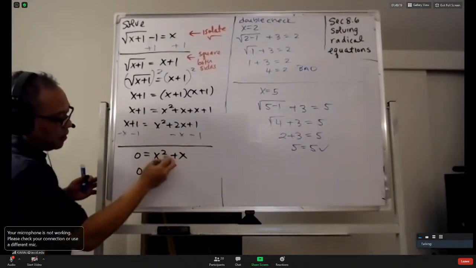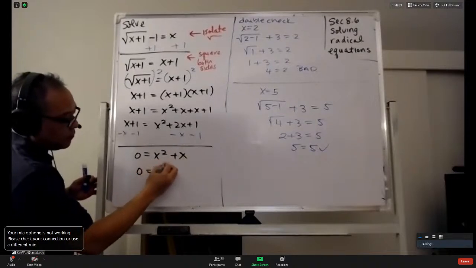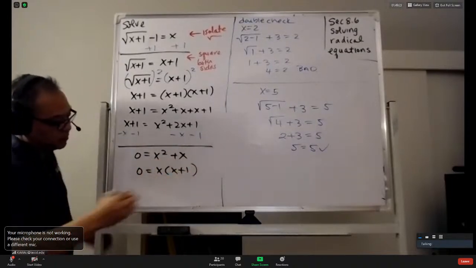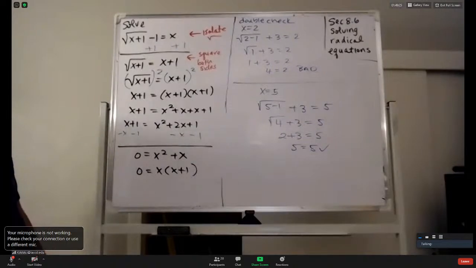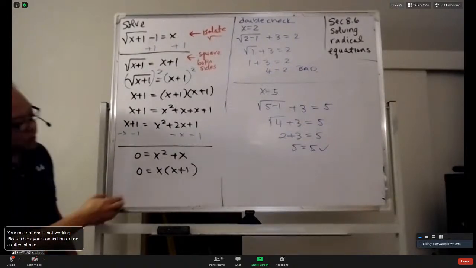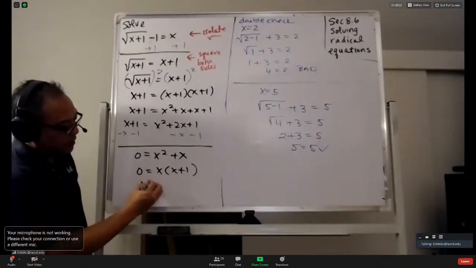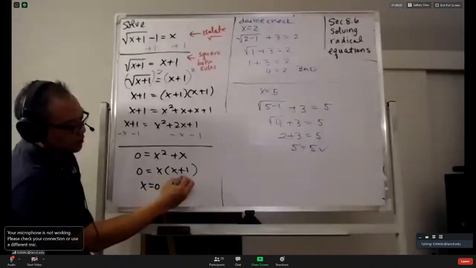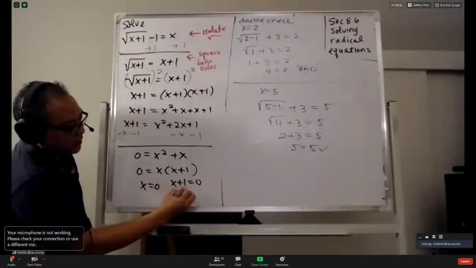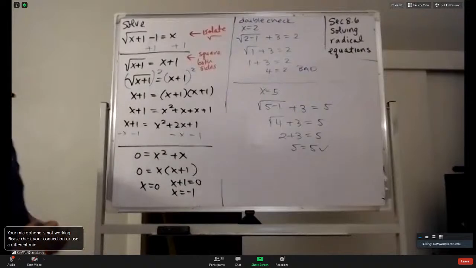And then let's pull out the GCF. Once we pull out the GCF, this is all factored. So now we have x is equal to 0, x plus 1 is equal to 0, x is equal to minus 1. So go ahead and double check it.